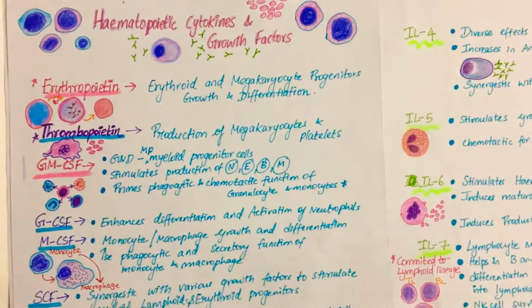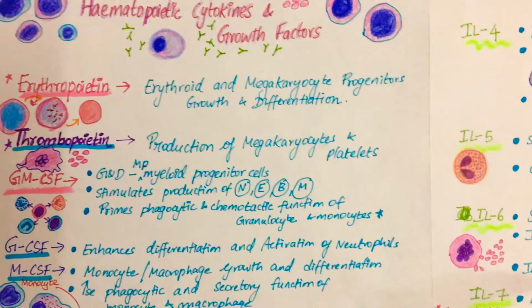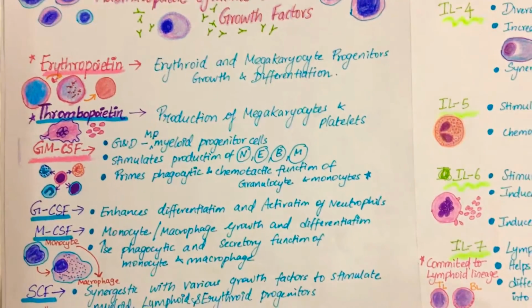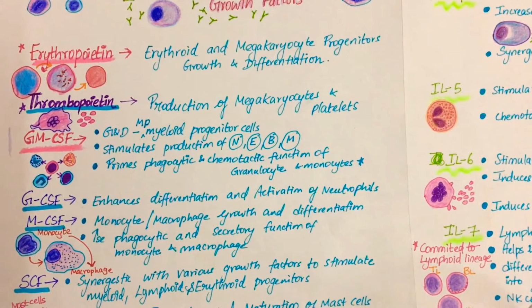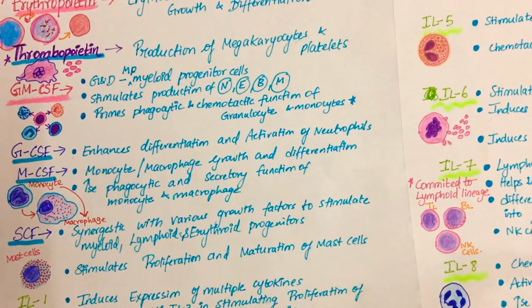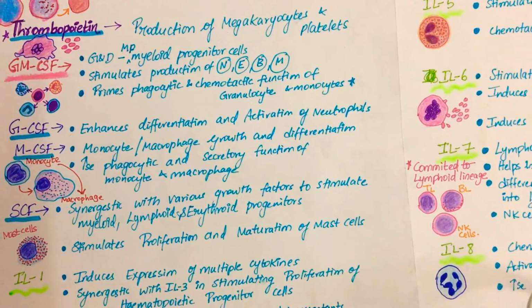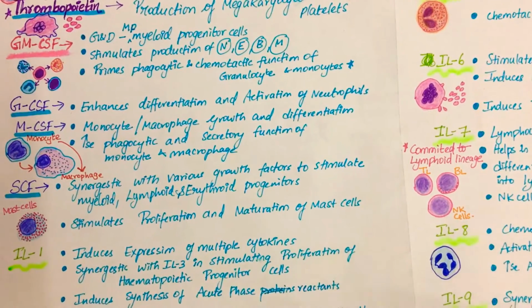In this video, we are going to talk in detail about hematopoietic cytokines and growth factors. Hematopoiesis is regulated by a variety of cytokines and growth factors, many of which are secreted by the cells of the bone marrow microenvironment.